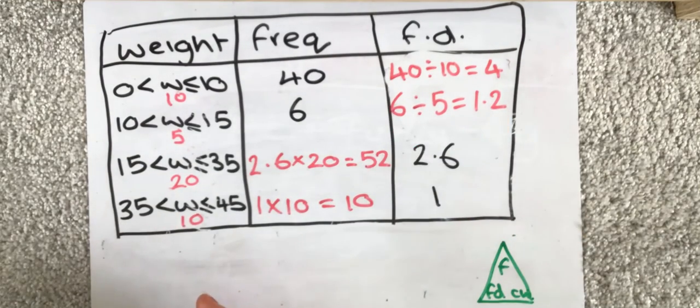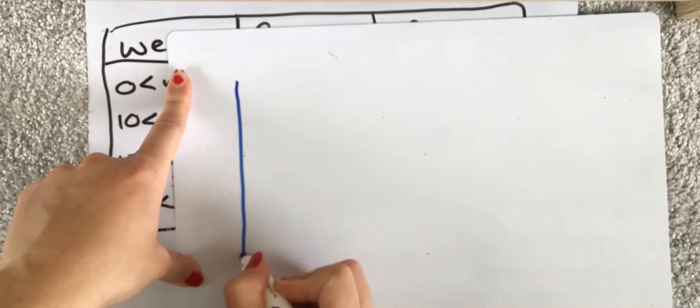Now, why this would be useful is likely a question like this. They would have drawn part of the histogram. They might just want you to fill in the table. Or what they might have done is given you half of a histogram. Okay, so you might have had part of it, and actually they want you to fill in the rest of it. So this sometimes happens where they give you part of your histogram drawn.